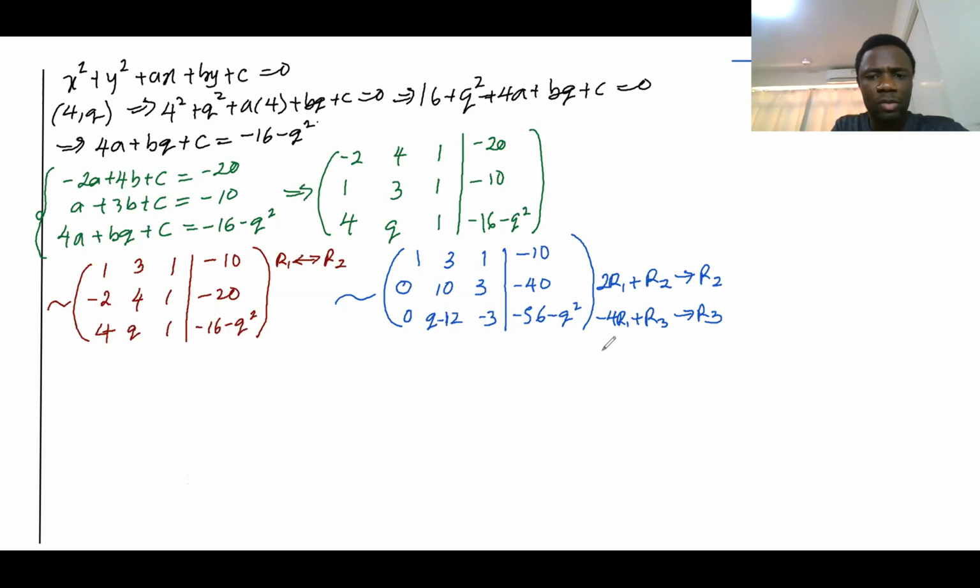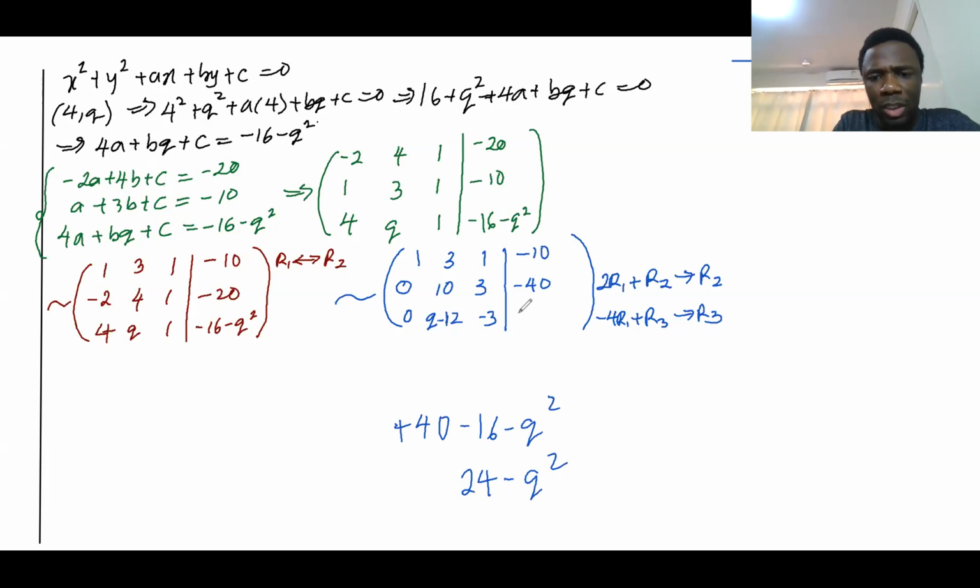Oh, yes, that's plus 40. Thank you, Crystal. So negative 4r1 is plus 40. And when you add to this, that's minus 16 minus q squared. So that should have been 24, right? Yeah, good. So that will be 24 minus q squared.